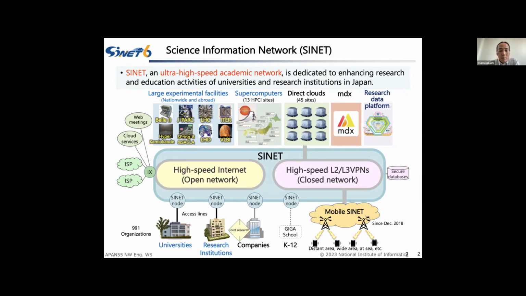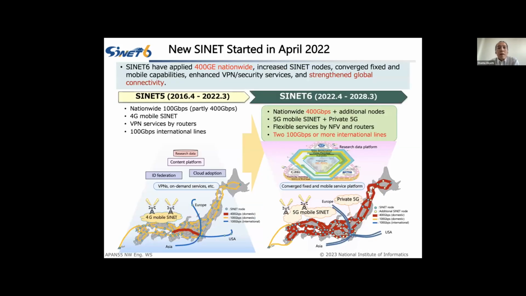SINET provides connectivity to those organizations and provides such services. The new SINET6 started in April 2022. In SINET6, we applied 400 gig nationwide, increased SINET nodes, and strengthened the global connectivity.